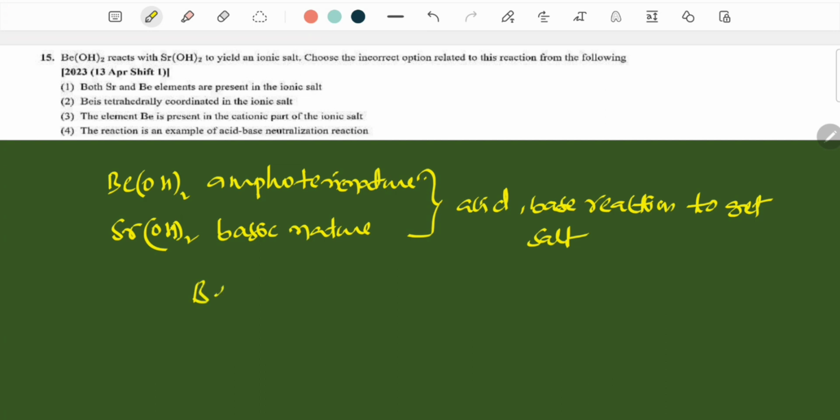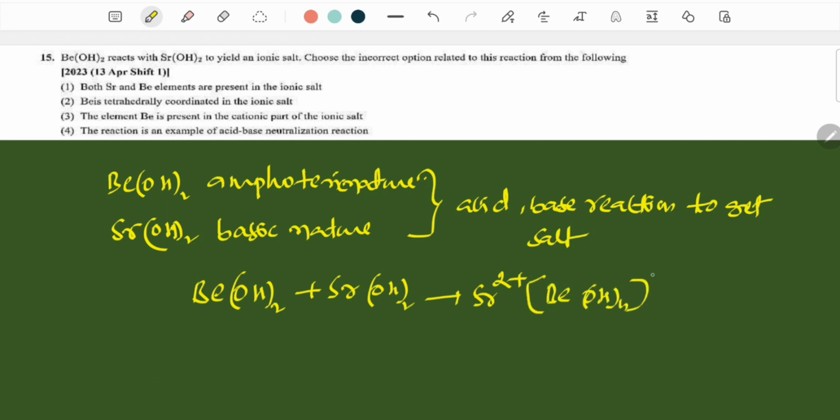For example, beryllium hydroxide with strontium hydroxide gives Sr2+ and [Be(OH)4]2-, as beryllium is present in the anionic part.